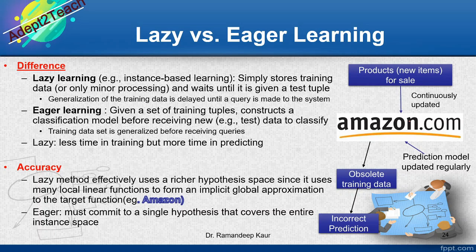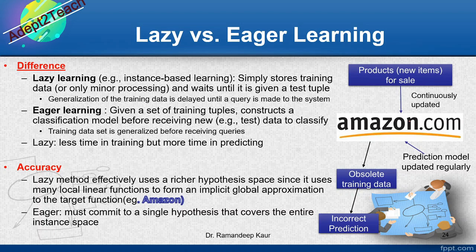Lazy learning says when the problem comes up, then I will start working on it. The training data set is not processed till the time a query is made to the system.